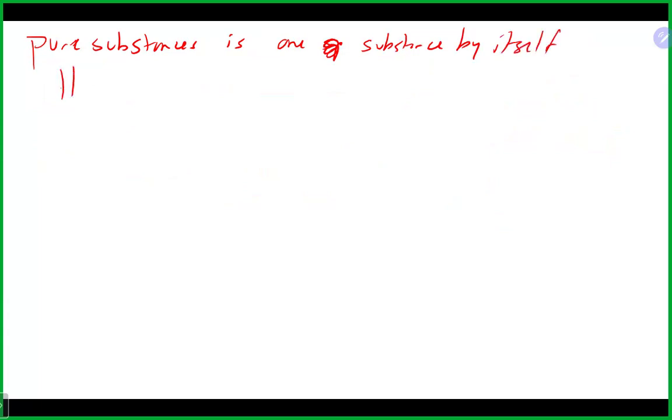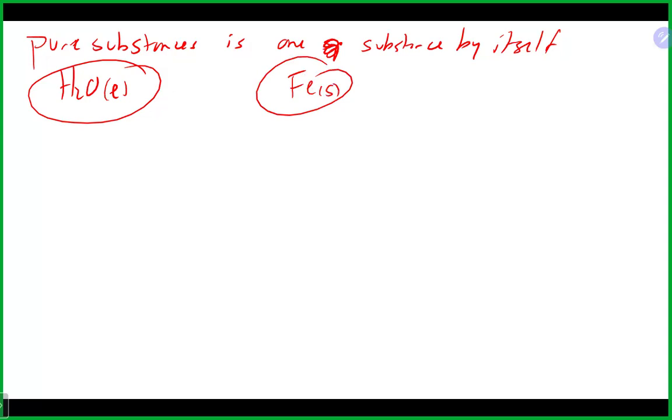So, if you had pure water, that is a pure substance. There's nothing else mixed with it. If you had just pure sugar or pure iron, there's nothing else mixed with it.